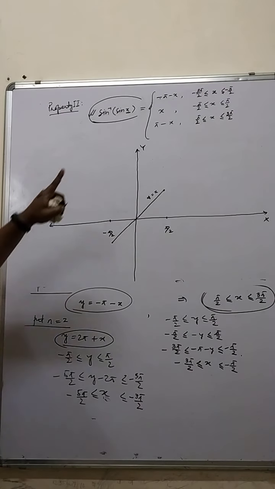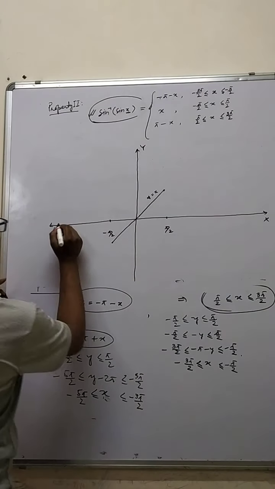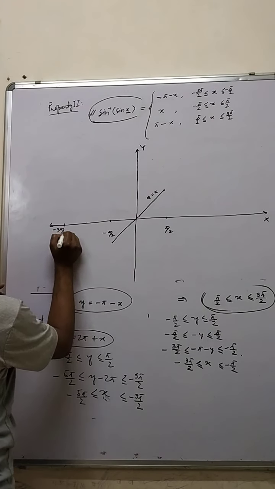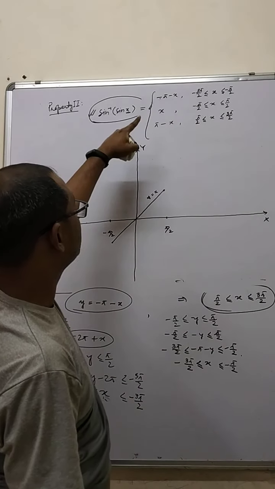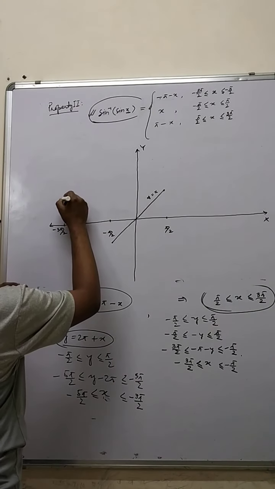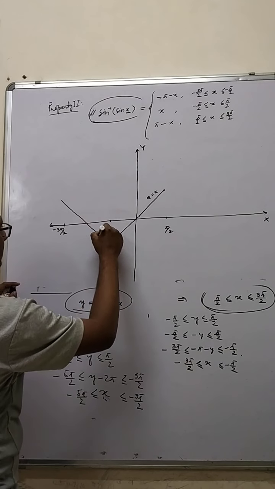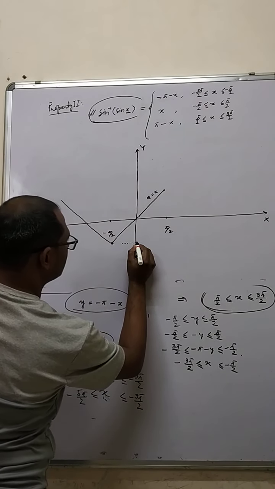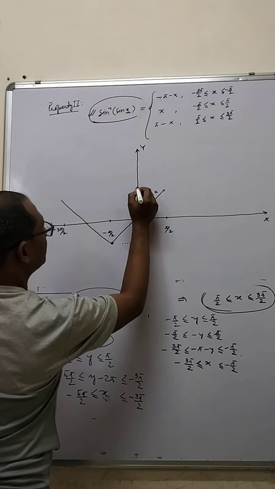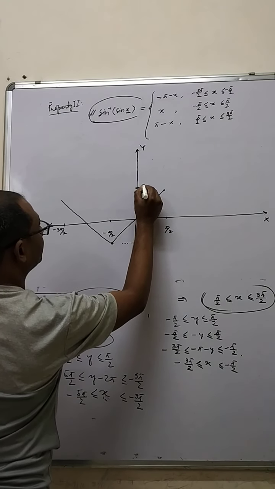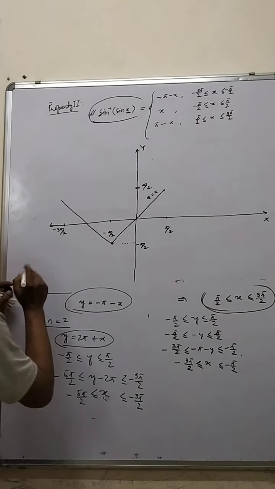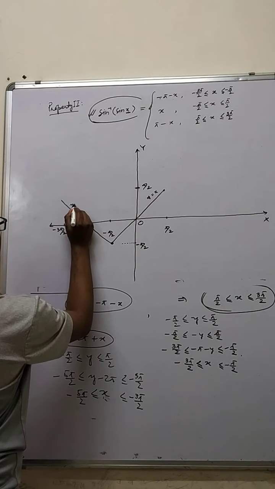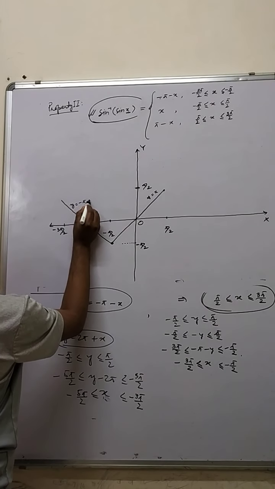Now it is saying from minus 3 pi by 2 to minus pi by 2, it is saying minus pi minus x. And please remember, the range of the function was minus pi by 2 to pi by 2 only. So this one is y equal to minus pi minus x.